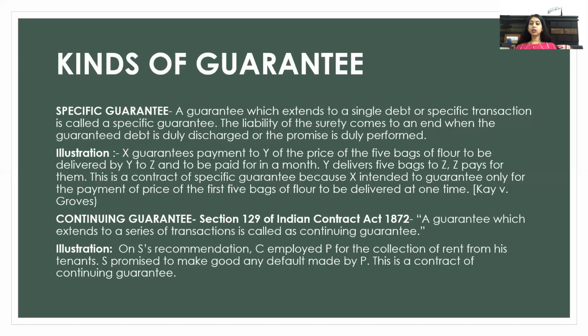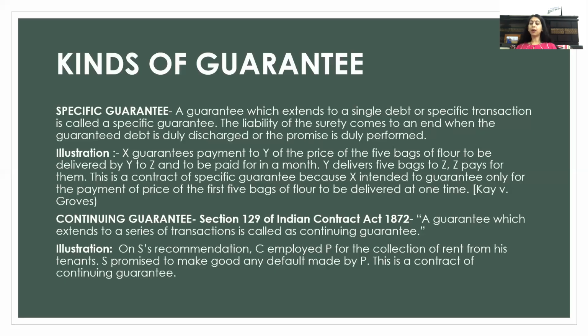Second category is continuing guarantee. Continuing guarantee is given under section 129 of the Indian Contract Act. A guarantee which extends to a series of transactions is called continuing guarantee. Means this guarantee is not limited to a single transaction. It is limited to a series of transactions.